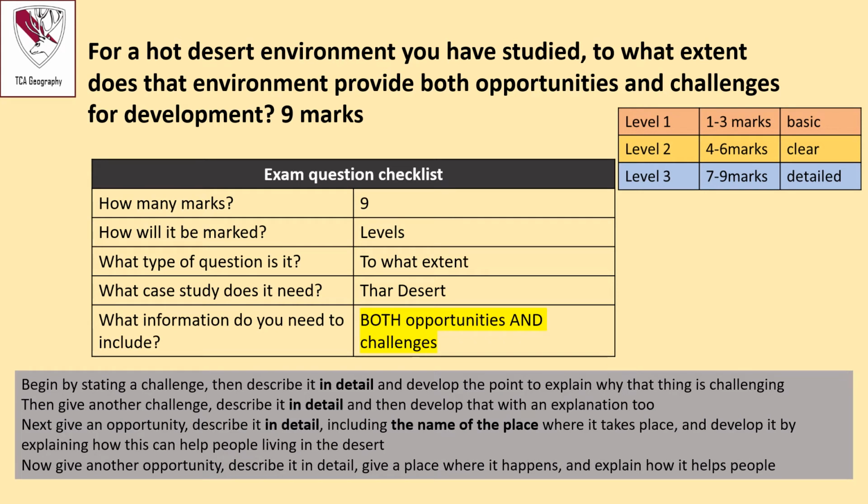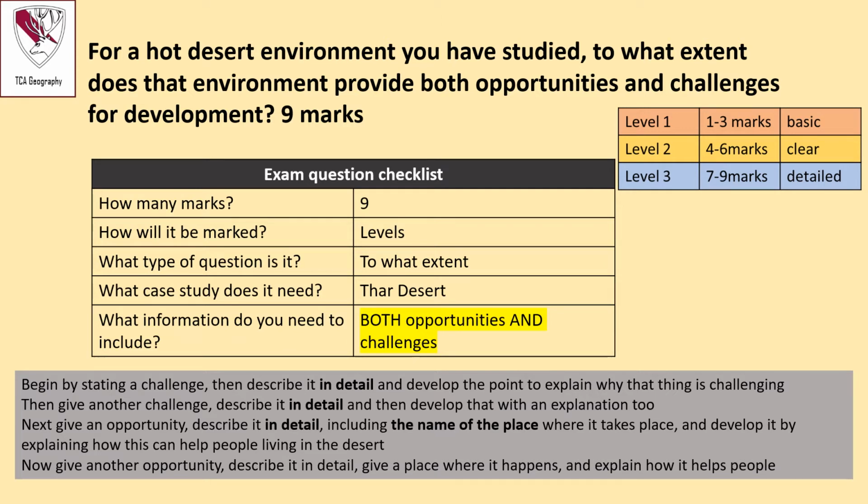Now, what information do you need to include? You need to include both opportunities and challenges. Let's say that you did a fabulous answer which was just about opportunities. However good it was, it would only get maybe 5 marks top.